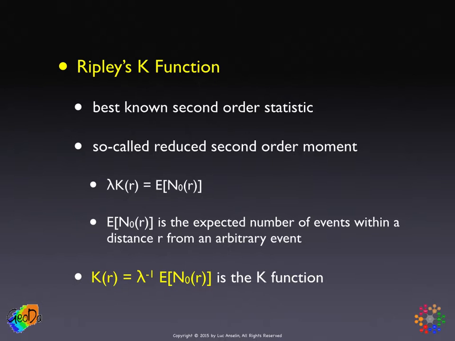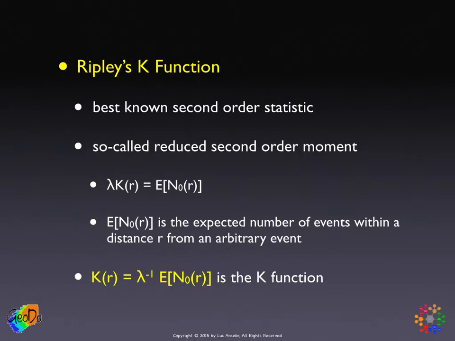One can think of the K function as something that measures the expected number of events within a distance from an arbitrary event. Essentially, this thinks of a circle of a given radius surrounding an event and how many points are in that circle.